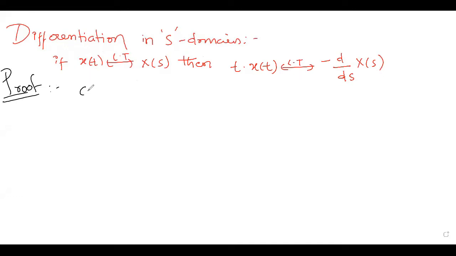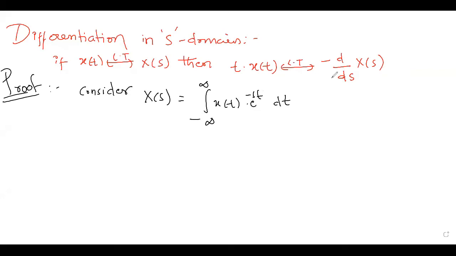So consider the X of s expression, that is the Laplace transform of the signal x of t. And what is the formula we have? Integral from minus infinity to infinity of the signal multiplied with the kernel. But what we have here in the proof is d by ds of X of s, right?